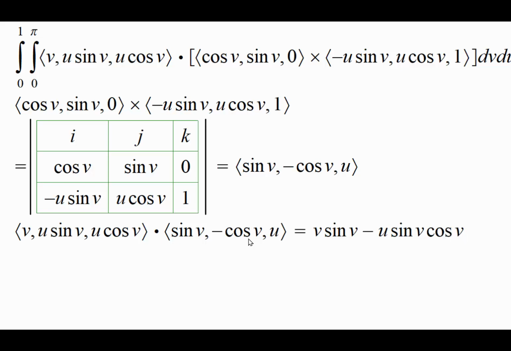So u sine v cosine v, and then we get u square cosine v.